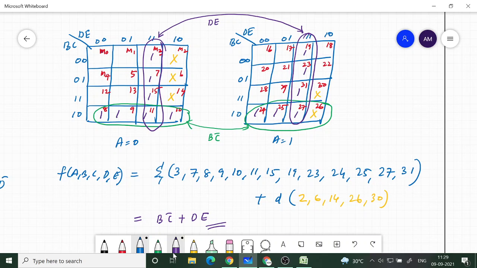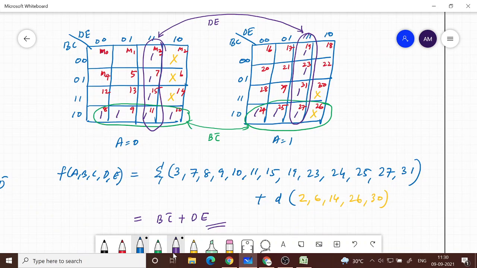If this don't care was not there, then we would have got a more complicated expression. Because you couldn't group this green group like this if the don't care was not there. So in that case, we need to make two groups of 4 and each group of 4 will have 3 literals, and there will be 2 such terms.